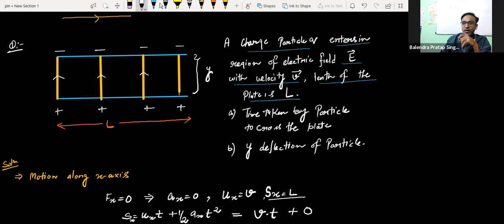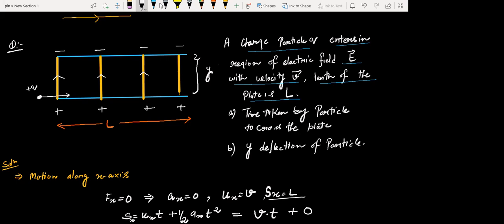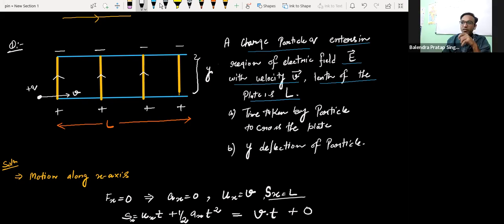So what happens when you put a charged particle Q here? It's a positive charged particle, and it has initial velocity v as given in the question.